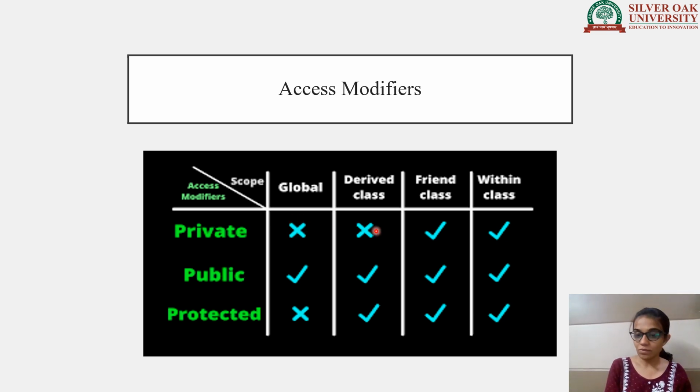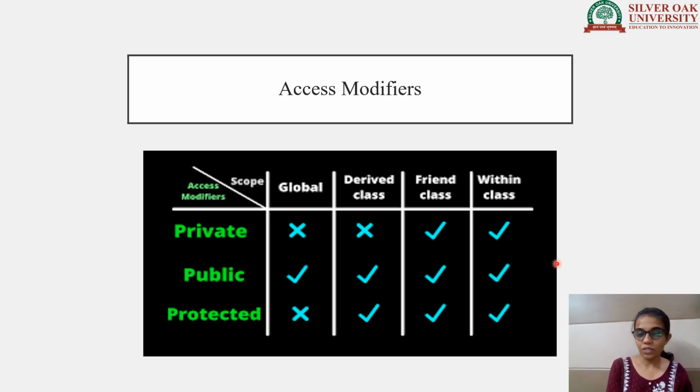Derived class, meaning the child class? No, not that either. Friend class? Yes, it can access. Within the class, of course, where it is created. Friend class we will discuss further. So as I can see, private is not accessed by any other classes, not even the derived class, but it's accessed by the friend class and within the class.